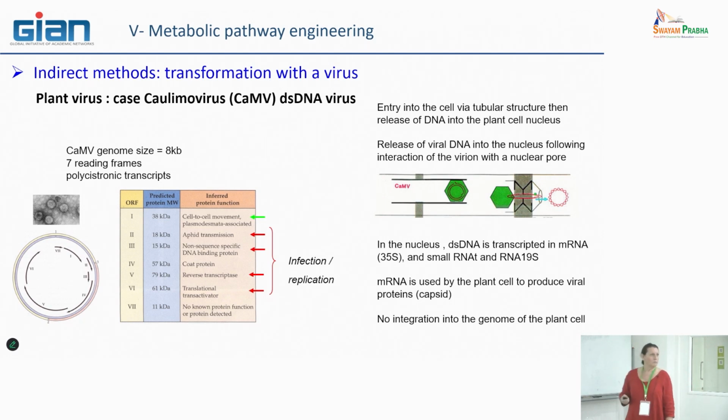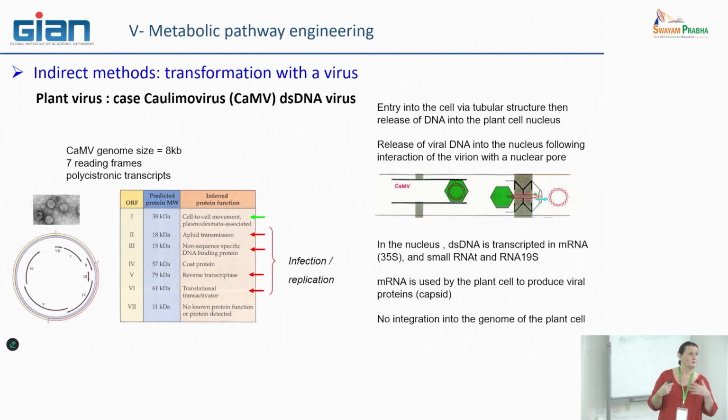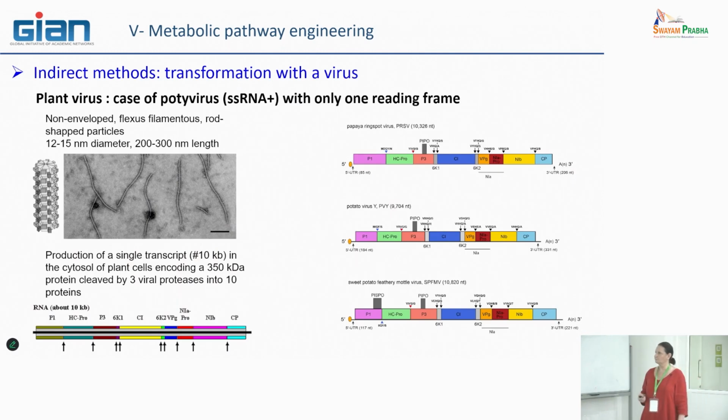But just for you, this virus has already been really described, and here are all the 7 reading frames encoding different types of proteins with different functions: movement through plasmodesmata to different cells, aphid transmission, for example, coat protein of the capsid, translational transactivator, and so on. So you can see that on my slide.